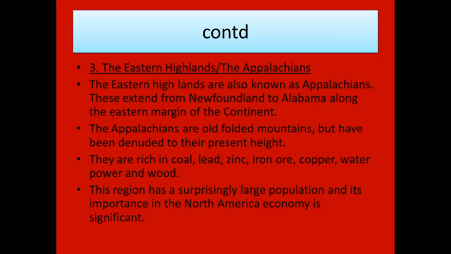The Appalachians are old folded mountains but have been denuded to their present height. These highlands are rich in coal, lead, zinc, iron, copper, water power, and wood. This region has a surprisingly large population and its importance in the North American economy is significant.